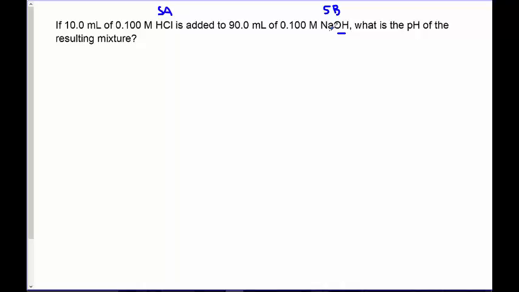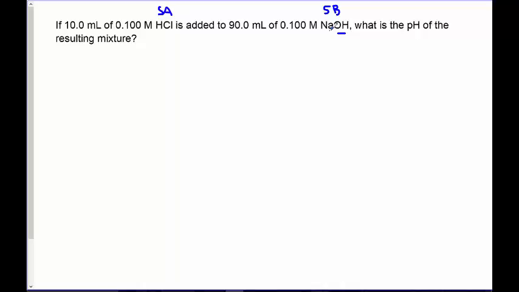The question is, if we combine these two mixtures of acid and base together, what is the pH of the resulting mixture? The first thing that we want to do here is determine whether or not we have H+ in excess or OH- in excess. But to do that, we're going to have to figure out what the concentration of H+ is and the concentration of OH-.